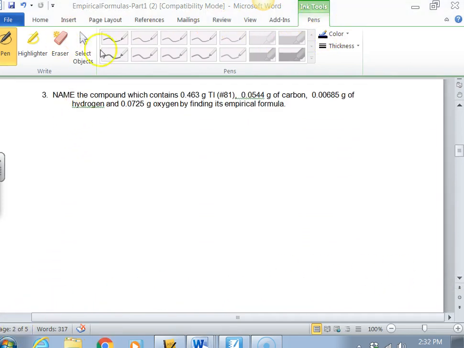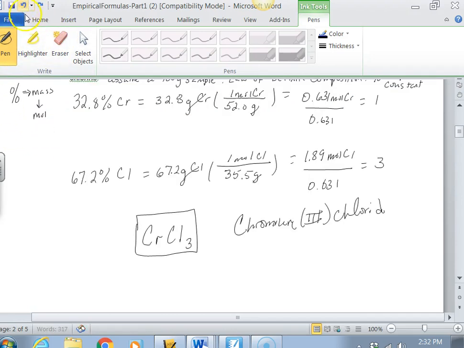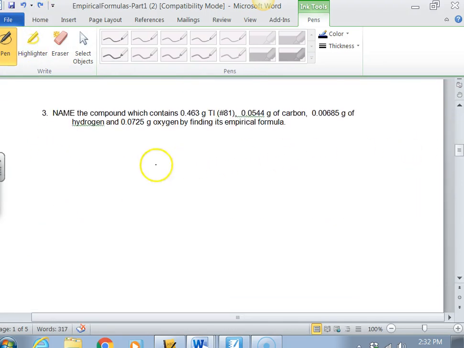All right, in our next example, we're going to have the element thallium, and we've got 0.463 grams of thallium. We've got 0.0544 grams of carbon.